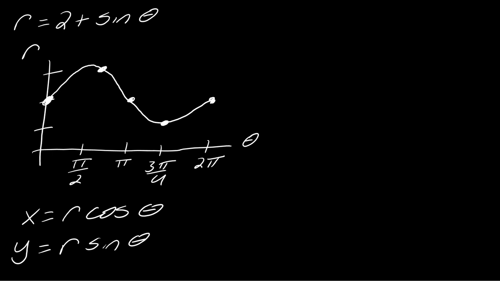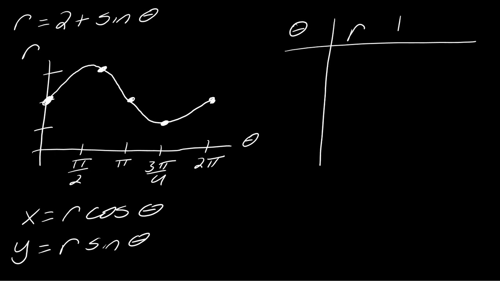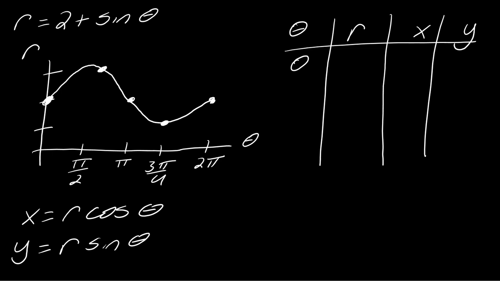So I'm going to set up this little table of theta, r, x, and y now. And we're going to have to just be a little careful in how we think through everything. So starting at 0, I know when theta was 0, we said that my r was equal to 2.